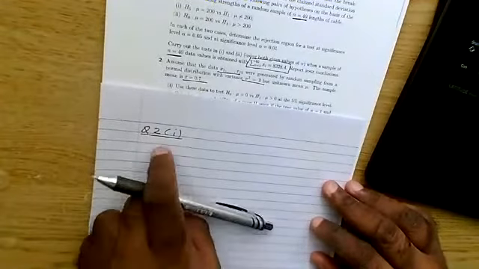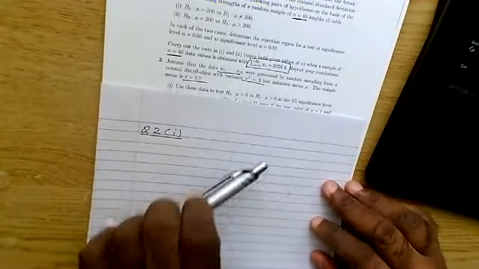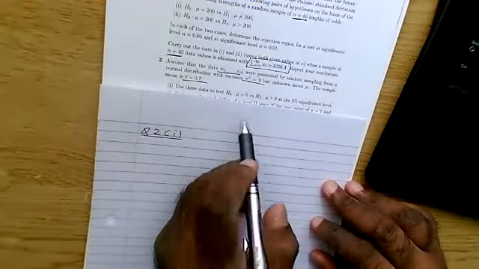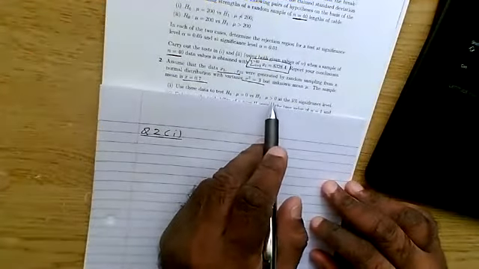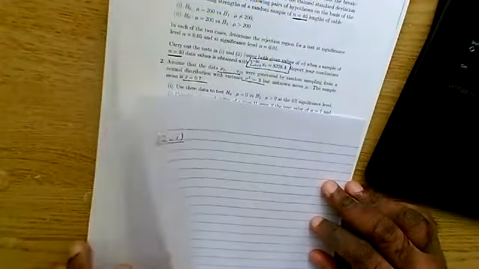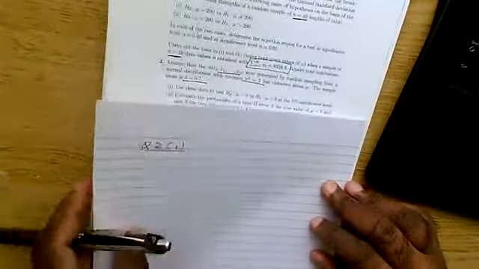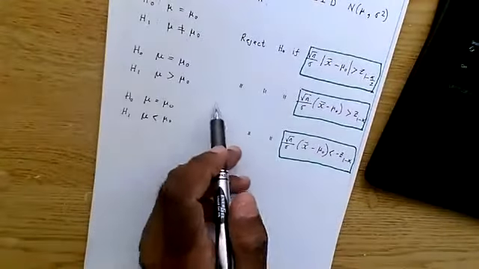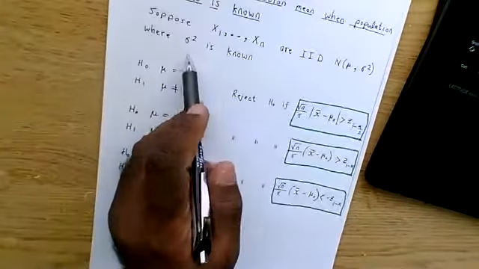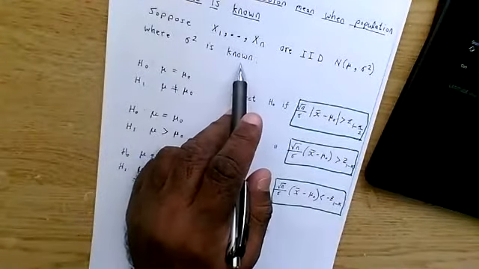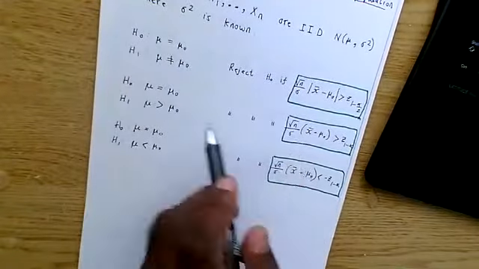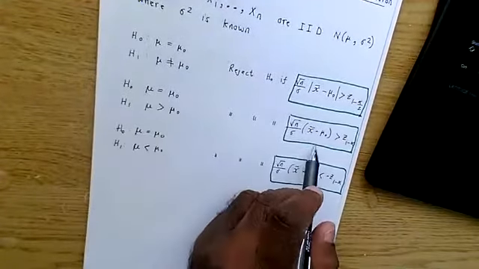So the rule that we need to use, because you're testing for mu equal to 0 versus mu greater than 0, is this one once again, because we are assuming that the population variance is known, and the corresponding rule for this hypothesis is this one.